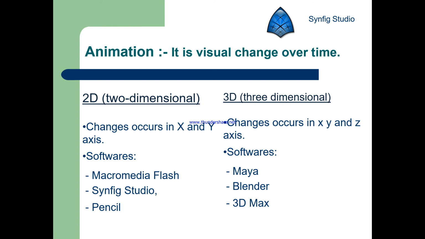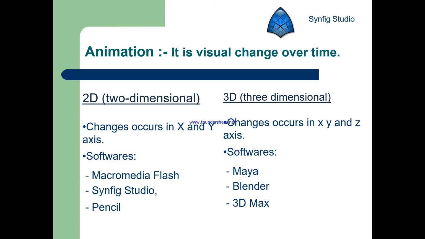Your textbook pages are all 2D surfaces. It means we visualize only two sides of the object, so we call it 2D animation.